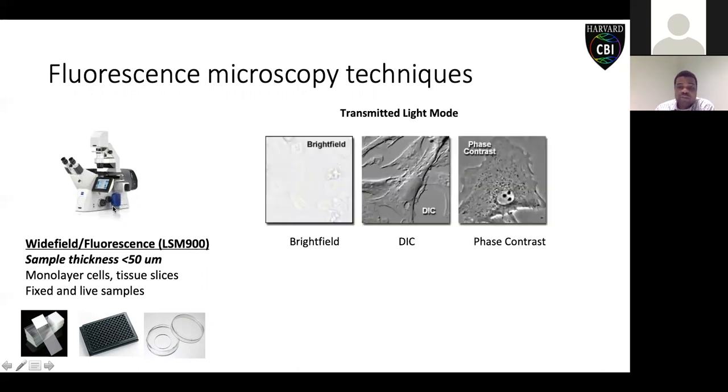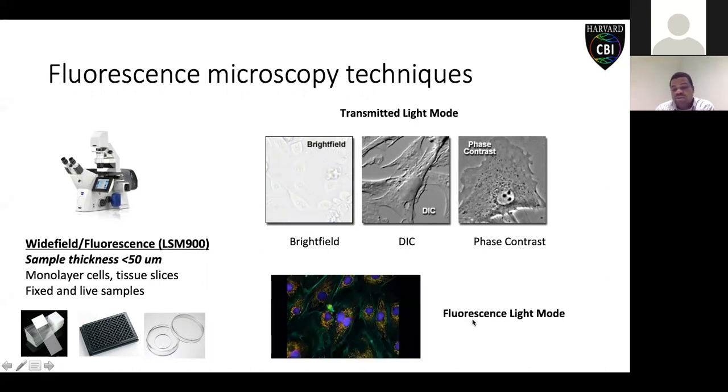In the Widefield mode, you'll also be able to run a transmitted path. I've not discussed much about transmitted mode because very few people are interested in transmitted imaging, but there is a bright field, a DIC, and a phase contrast mode. And then we have the fluorescence mode, which I just described.